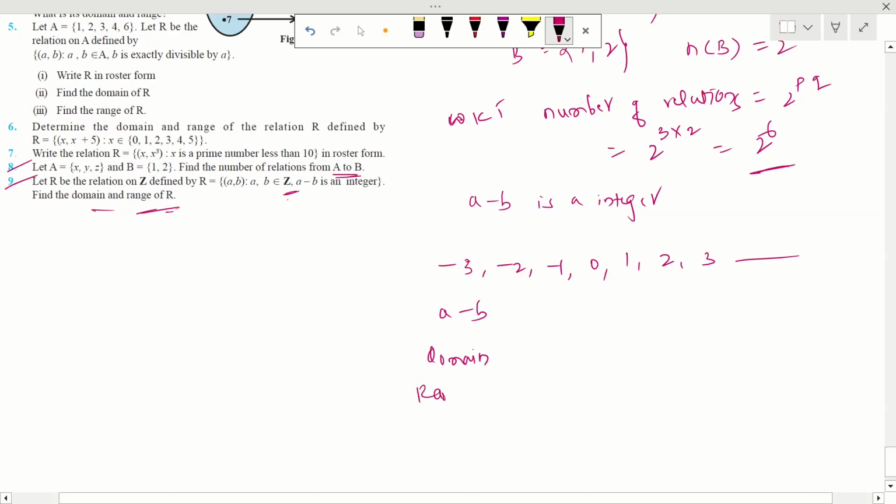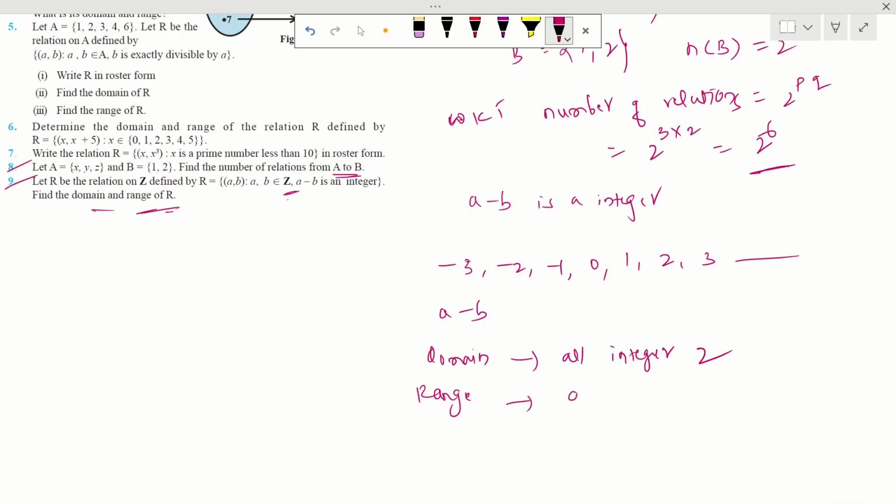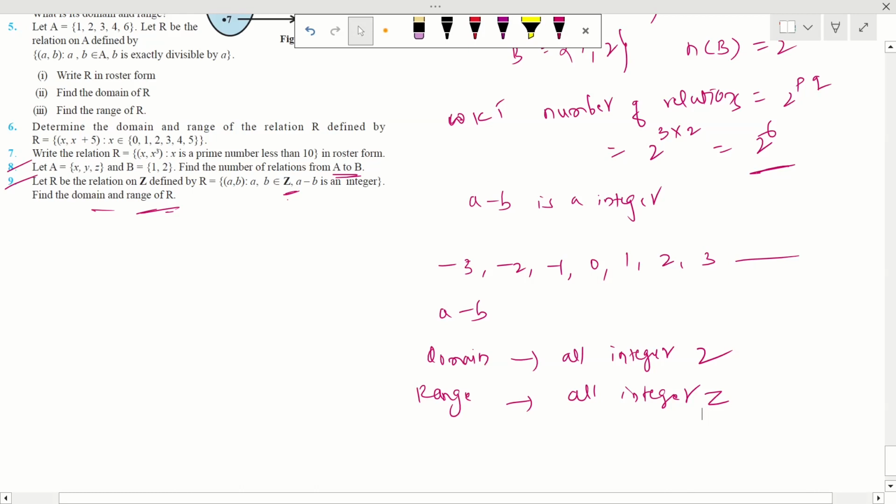The domain is all integers Z, and the range is also all integers, which are infinite. All integers are the domain, and all integers are also the range.